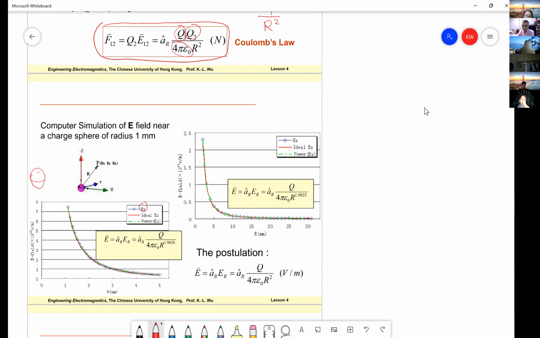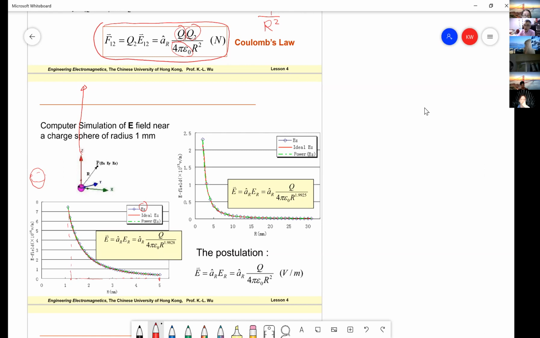Then I calculate along the z-axis at different distances. I start from slightly away from 1 millimeter, very close to the sphere, then gradually increase the distance, first to 5 millimeters. Then I collect all my measured data and curve fit it using Excel. Excel has a feature where you choose a function and it does the curve fitting for you.